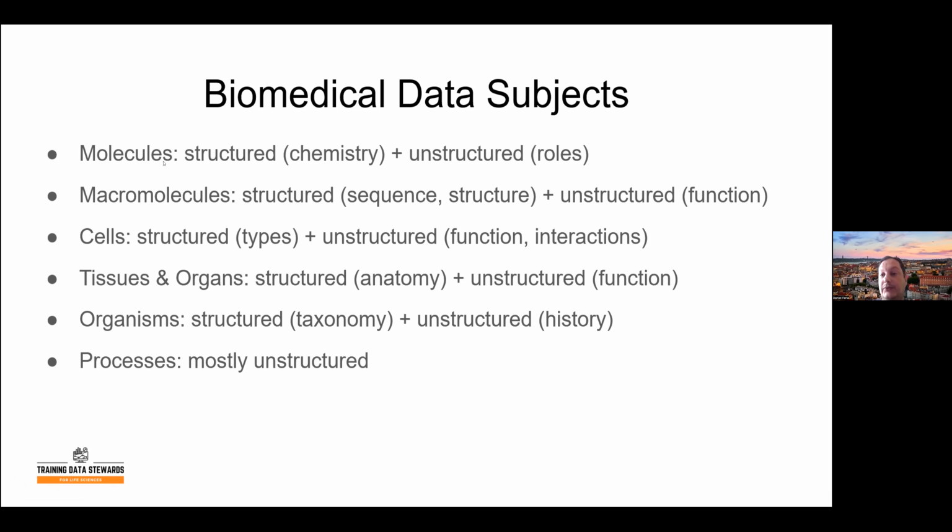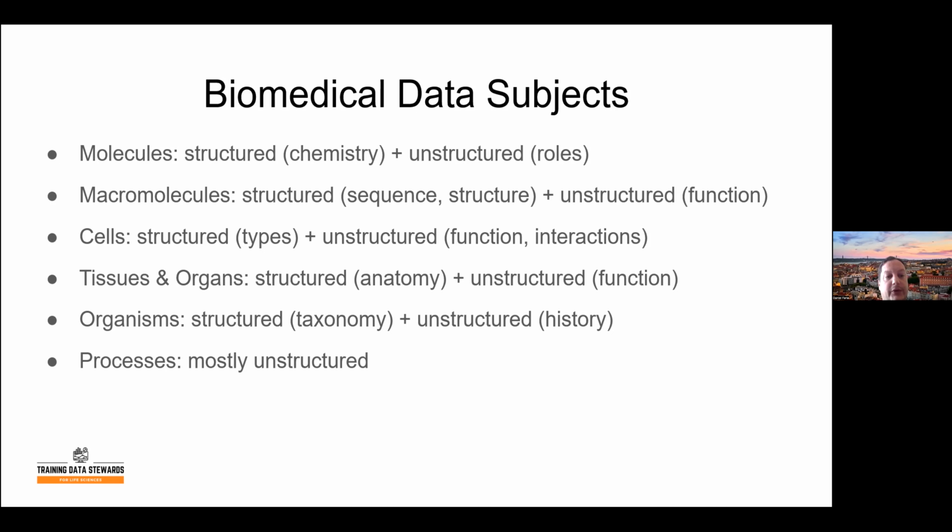When you talk about molecules, which could be drugs or metabolites, some of the information is naturally structured: chemical structures, chemical symbols, molecular weights, etc. These are easy to provide in a structured format. But when you talk about the roles of molecules in the organism, their interaction with genes, then this is much harder to provide in structured format because it requires a rich context and description.